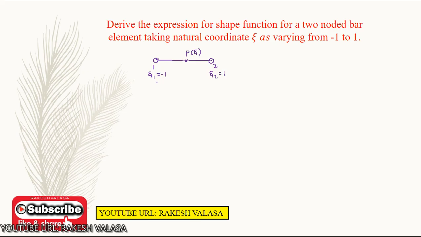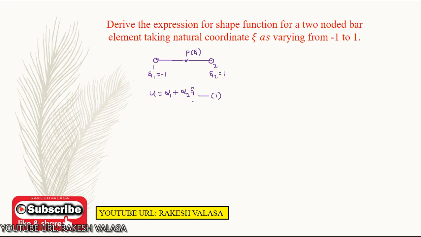Here I am taking displacement at any point p of zeta. The formula is u equal to alpha 1 plus alpha 2 zeta. This is equation number 1.